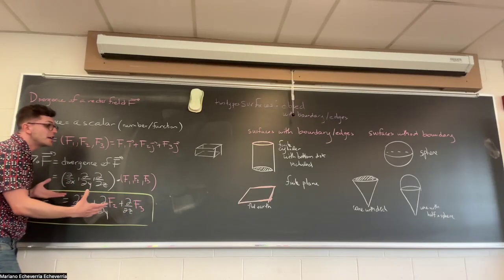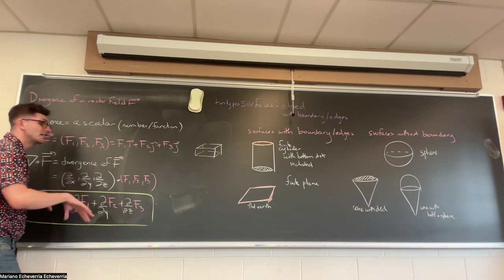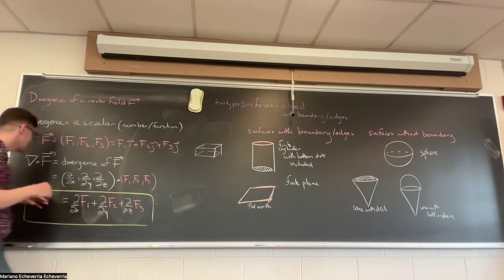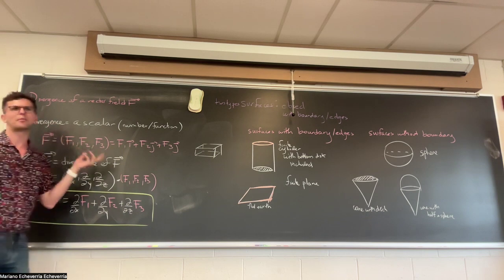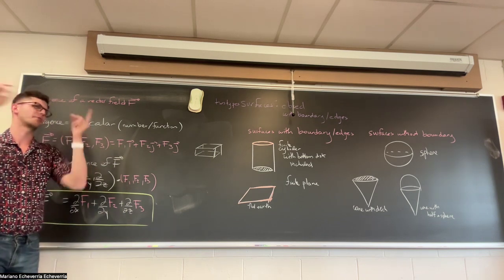But what you realize is that it does happen to coincide formally with a dot product between this operator and the vector. But there is no obvious way to anticipate why the divergence had to do with the dot product and the other one had to do with a cross product.